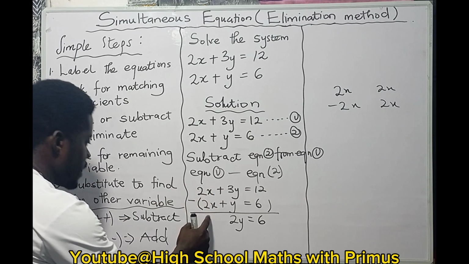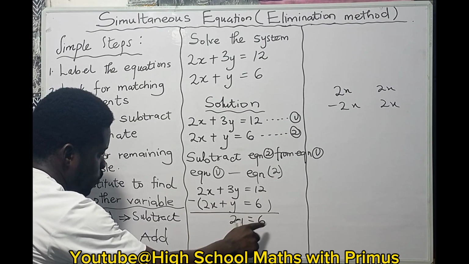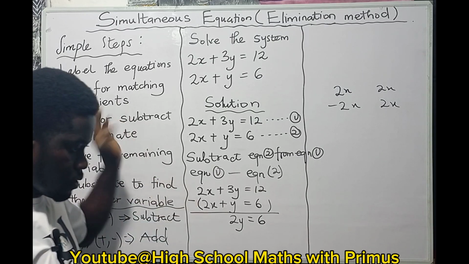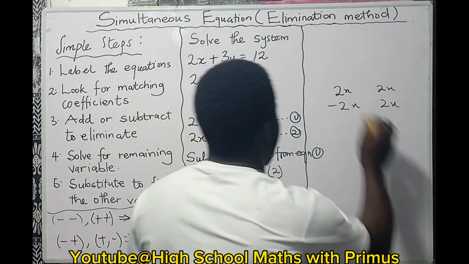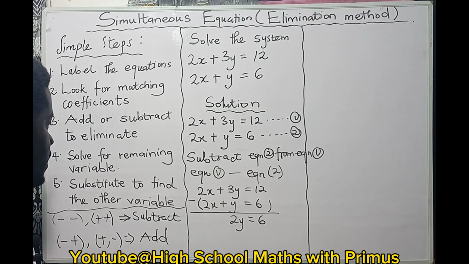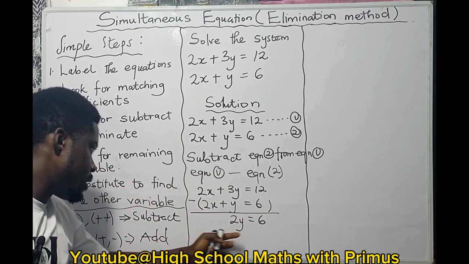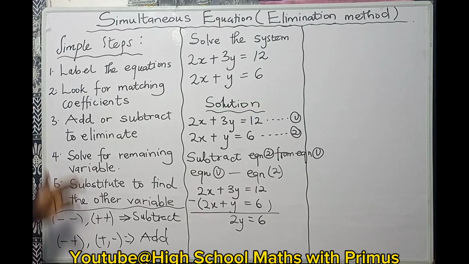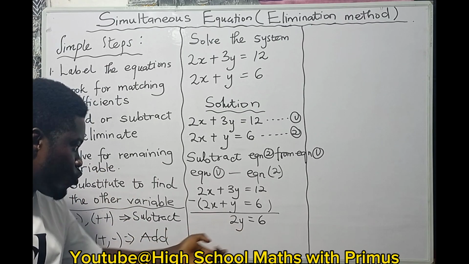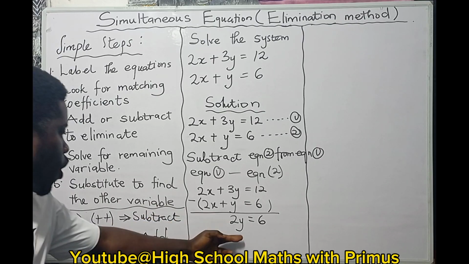So we can choose to bring the 0 here, plus 2y is equal to 8, or we can ignore it because 0 means nothing. At this point, we have been able to eliminate the x, and it is left with the y. After adding or subtracting, we have to solve for the remaining variable. So we have to solve for the value of y.